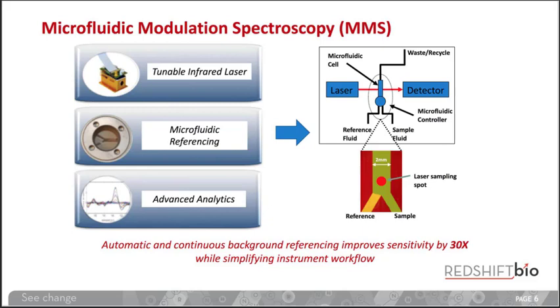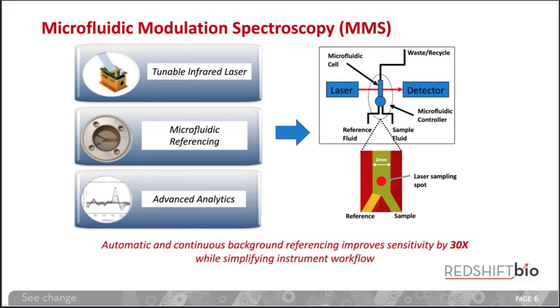And these fluids actually modulate back and forth, typically between 1 and 5 times a second. And this is performed in order to achieve background subtraction. So we're able to do this very, very quickly and very timely. And this is possible because of the geometries of our microfluidic cell.